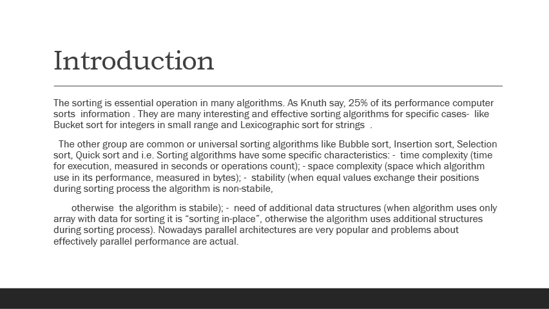other sorting algorithms. They have some specific characteristics: time complexity for execution, measured in seconds or operations count; space complexity, the space which the algorithm uses, measured in bytes; and stability. When equal values exchange their position during the sorting process, the algorithm is non-stable.